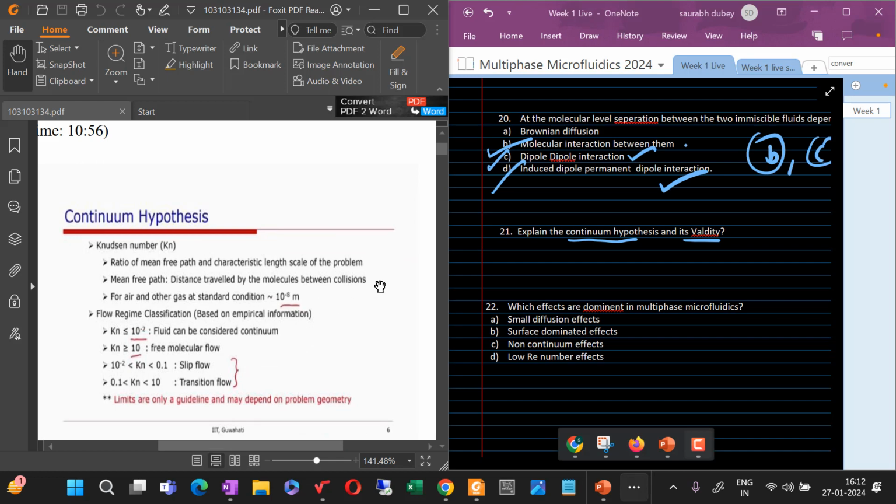What is the mean free path? Mean free path is the distance traveled by a molecule between two successive collisions. What do you actually feel about this? Suppose water is there. Have you ever thought that two water molecules are moving in your bottle, and is there any mean free path associated?